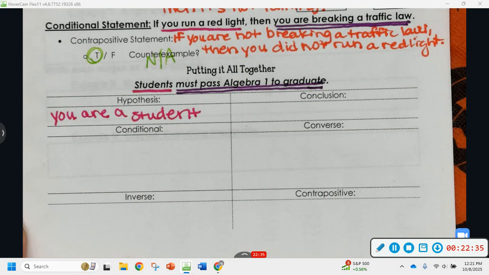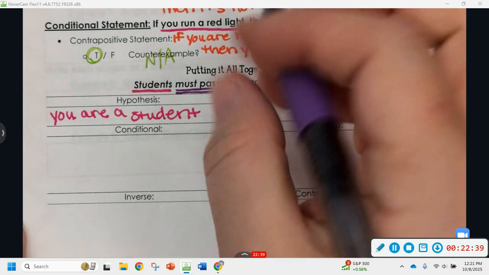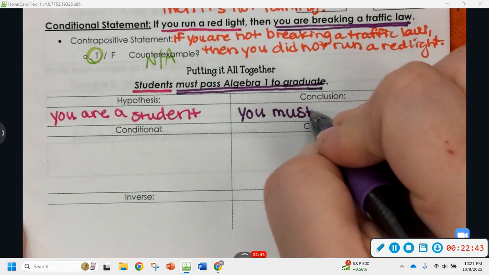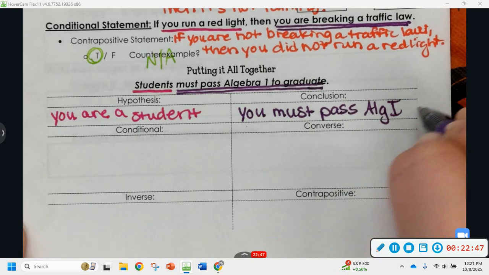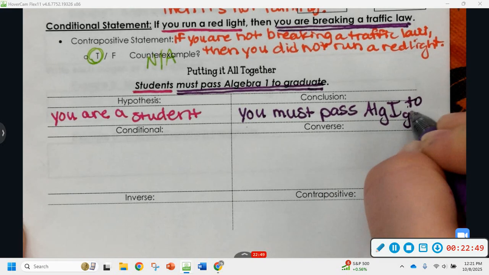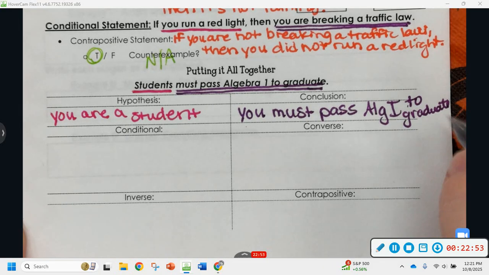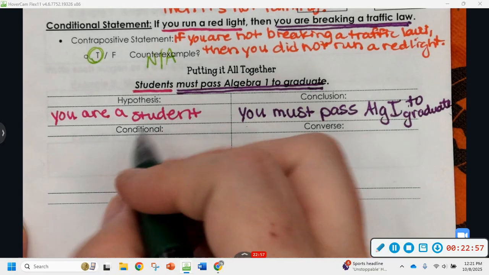My conclusion, if I'm saying you are a student, my conclusion would be you must pass Algebra 1 to graduate. And I kind of ran out of room, sorry.